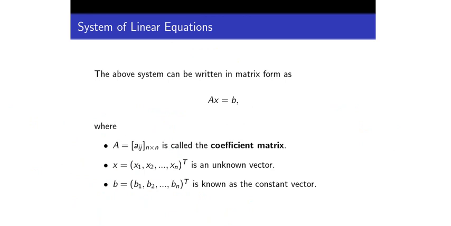We will try to answer these questions. As mentioned, the above system can be written in matrix form, where A is called the coefficient matrix, X is the unknown vector, and B is known as the constant vector.